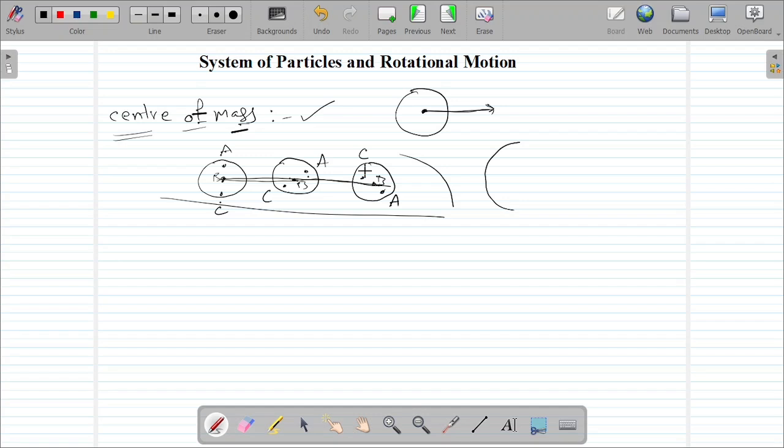So the path of the center of mass point represents the motion of the body. What motion is it? Translational motion, in a straight line. The point at the center of the body that moves in a straight line is called the center of mass. Here it is in the horizontal direction.